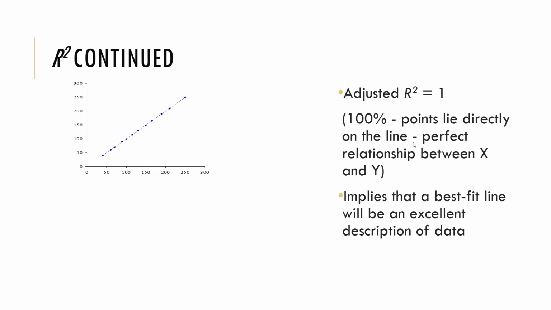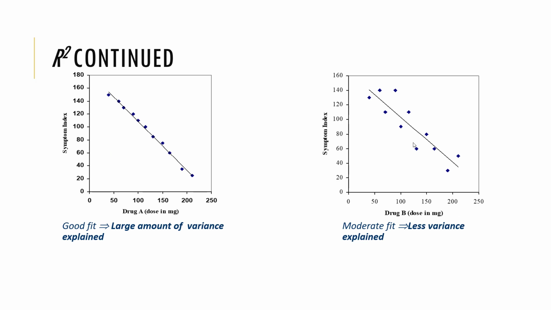There is something fishy going on. You might have a perfect relationship that's negative or positive, but it implies that the line of best fit would provide an excellent description of your data and an incredibly accurate prediction of an outcome score based on knowing something about the predictor. As I said, this is not usual.